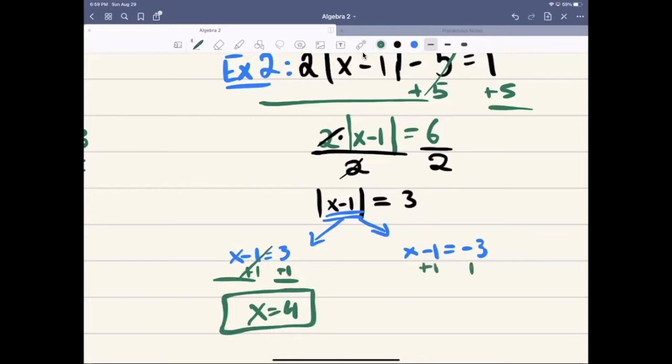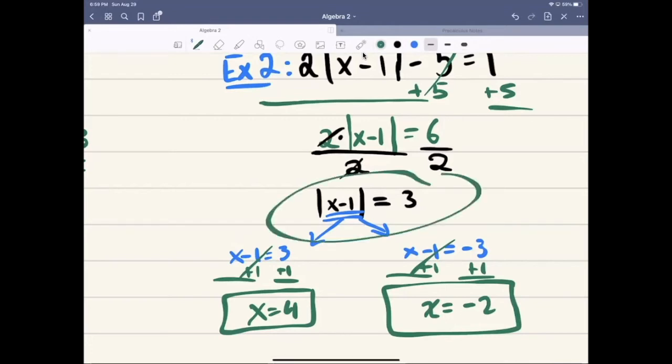You're going to do +1 to both sides, and you're going to get x is equal to -3 plus 1. That's going to be -2. And so basically that's it. Our goal is to get the absolute value by itself. Once you get the absolute value by itself, you're going to split up the problem. You're going to get a positive outcome and a negative outcome.